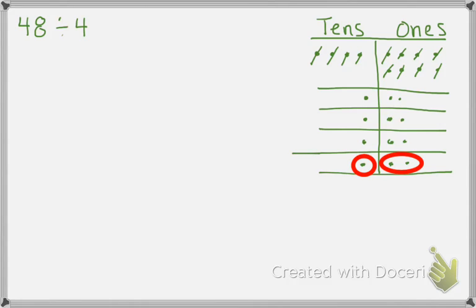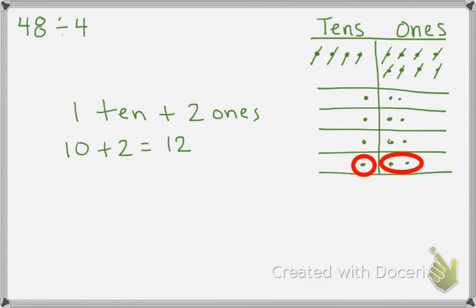So, let's see, if I have 1 10, and I'm going to add 2 1s to it, that's like saying 10 plus 2, and we know that to be 12. So my quotient in this case is 12.